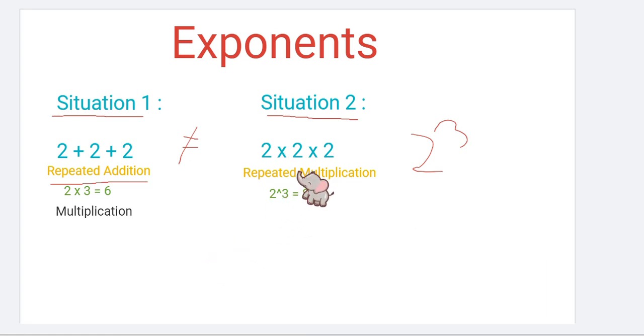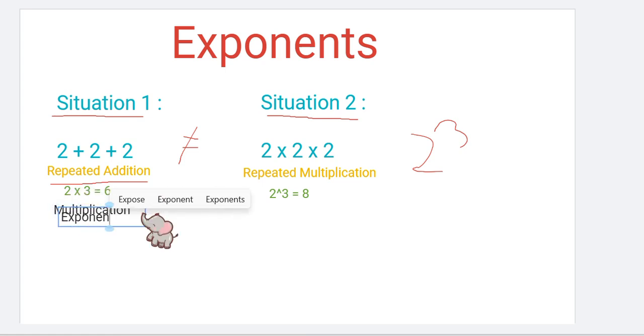Okay, so this thing over here is the sign of exponents, and when you're writing it in your notebooks, this is how you'll write it. I'm sure you know that. Okay, so we got to know that repeated addition is multiplication, and repeated multiplication is exponents.